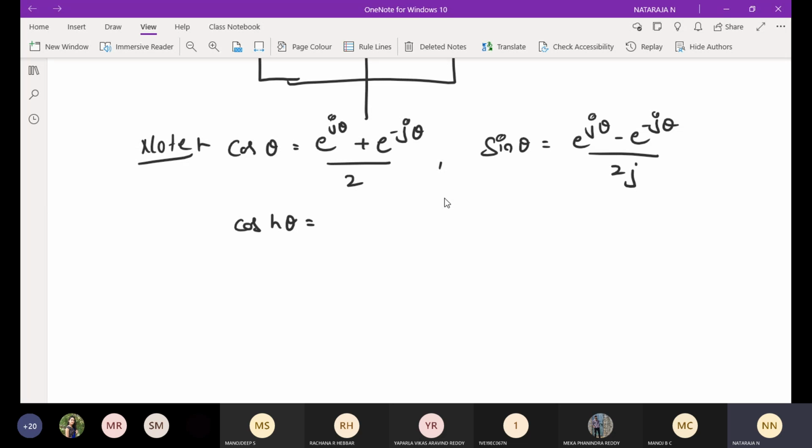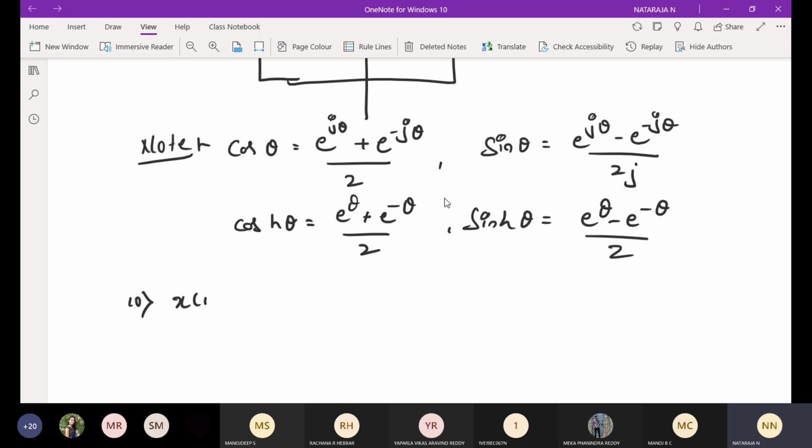Cos hyperbolic theta is equal to (e power theta plus e power minus theta) divided by 2, and sin hyperbolic theta is equal to (e power theta minus e power minus theta) divided by 2. Please make a note of these standard equations. By making use of these, you can solve this problem.